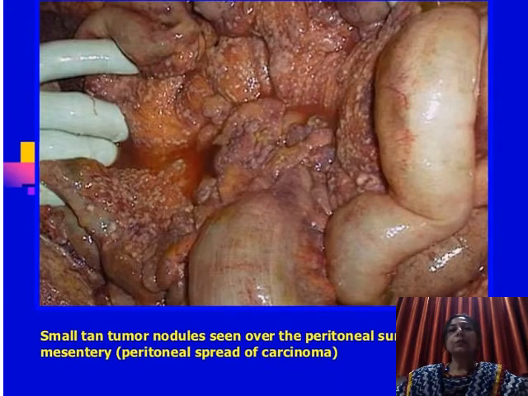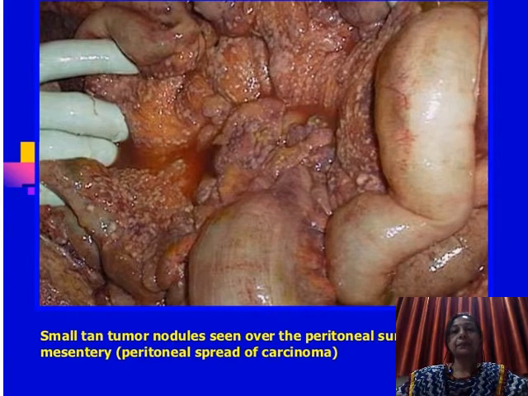This is how pseudomyxoma peritonei looks. This is a peritoneal spread of mucin secreting adenocarcinoma of the intestine. You see very small nodules there, small mucin pockets. The whole mesentery is involved.